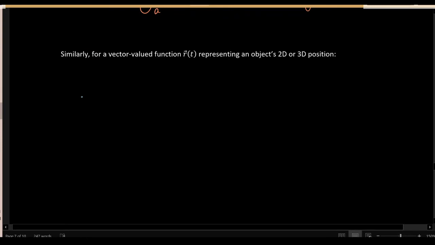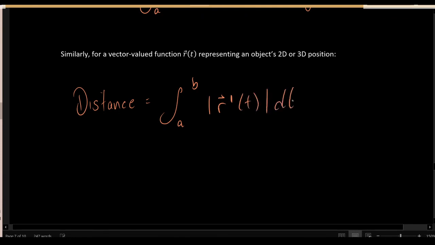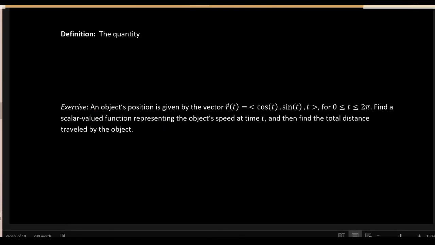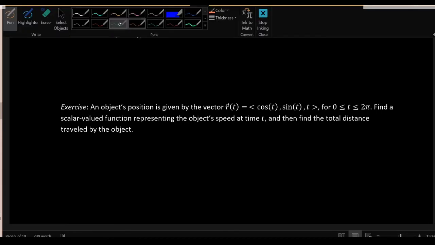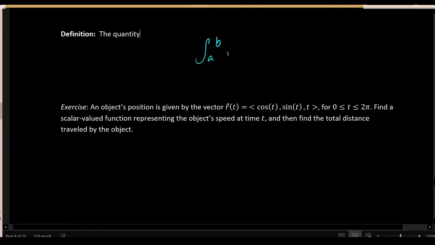If you want to find the distance traveled by an object, integrate from the initial time to the final time the object's speed, the magnitude of the velocity vector. In case your vector-valued function doesn't represent a position of an object, if you're just thinking about that function in abstract mathematical terms, we still have a name for this quantity, where you integrate from A to B, the length of r prime of t.